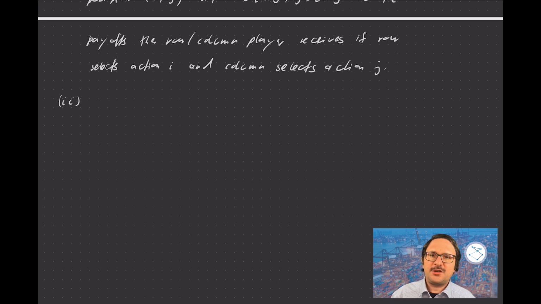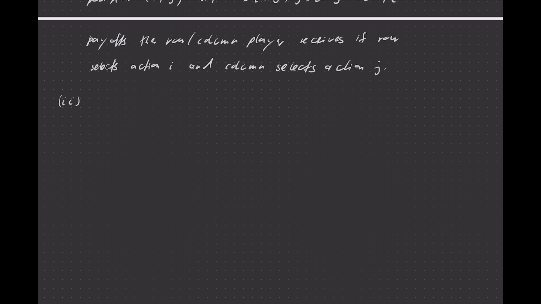So if the game is played several times, then the mean payoff should be somewhere in the vicinity of that expected payoff. So that's the idea of these randomized strategies, or as they are also called, mixed strategies. Now let's define what that is formally. Formally, that is really easy, actually.